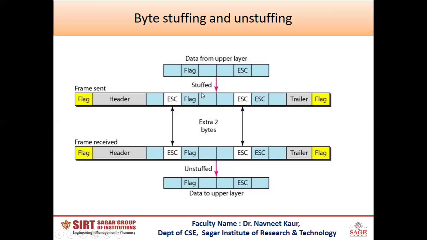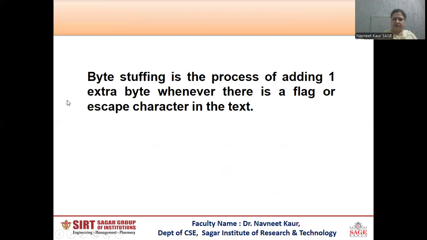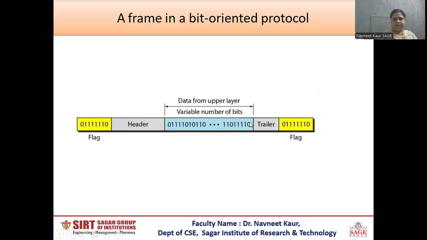This process in which one extra byte is added before the flag or ESC byte is known as byte stuffing. And at the receiver end, when these extra bytes are removed, it is called byte destuffing. Byte stuffing is the process of adding one extra byte whenever there is a flag or escape character in the text.